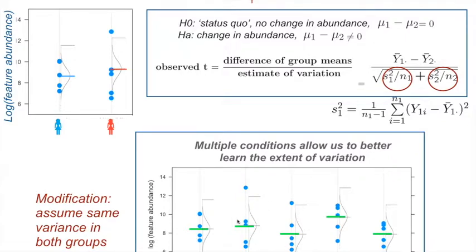And this can be useful because if we want a different variance in each group, let's say we have 5 replicates here, 5 replicates here, and so on, well, the variances estimated from a single group are not very reliable. Now, if we can assume that all the variances are the same, then the deviations of each data point from its mean are all informative of the same variance.